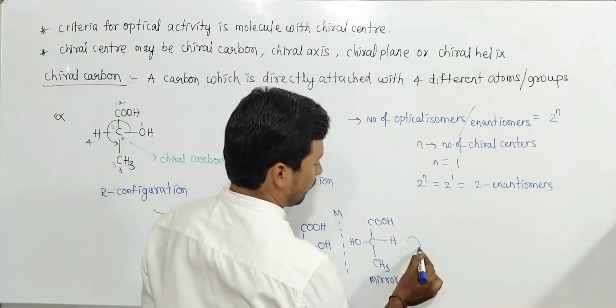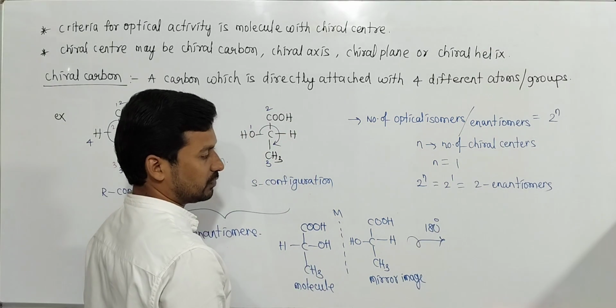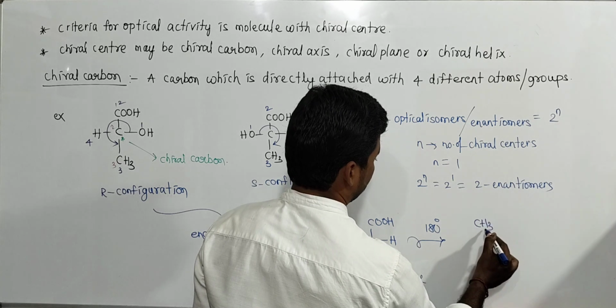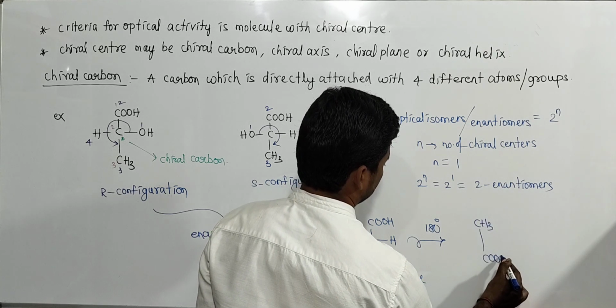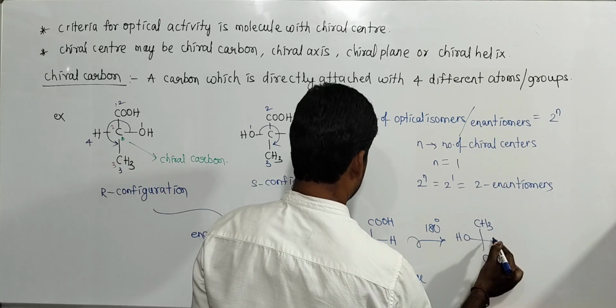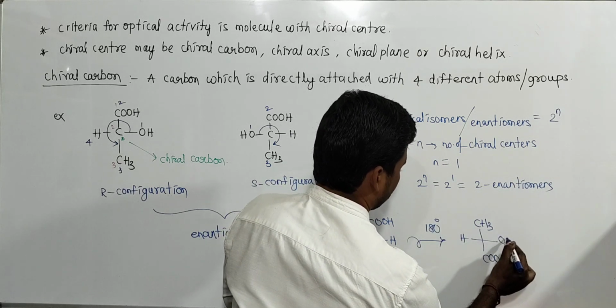Which type of mirror image? Non-superimposable. To verify non-superimposability, rotate by 180 degrees: top becomes bottom, bottom becomes top, left becomes right, right becomes left.